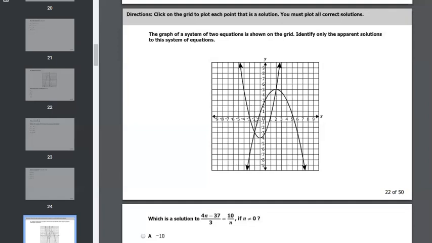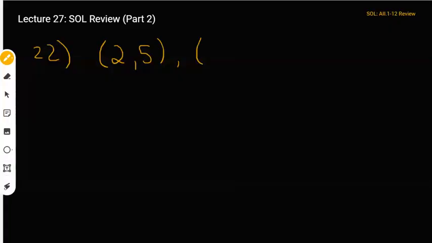The x value is -2. The y value is -3. So -2, -3. Those are going to be my answers. And since they don't give me equations of this graph, I can't really do any algebra to it. You just got to look at it.